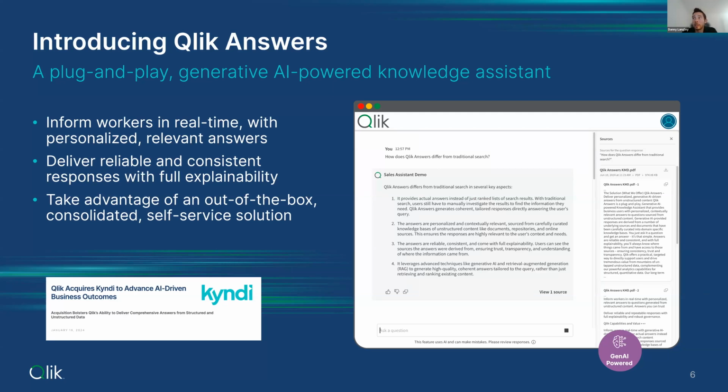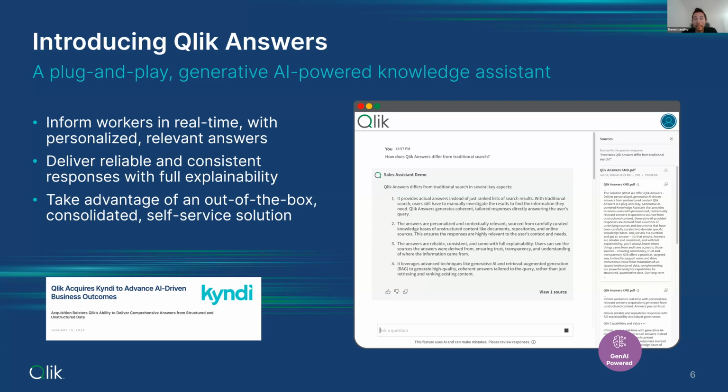So this, I mentioned this before, is a plug and play Gen AI powered knowledge assistant. This is specifically for unstructured data. We've been analyzing all kinds of structured data so far, but this is specifically for unstructured data. What I mean by that is PDFs, PowerPoints, text files, things like that.